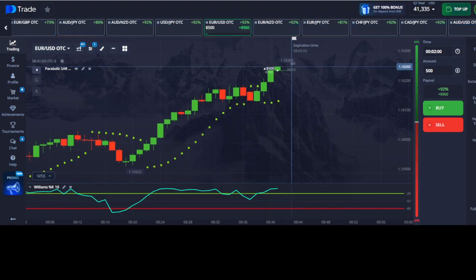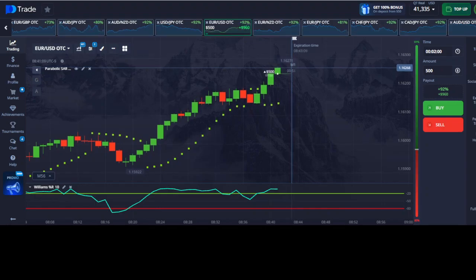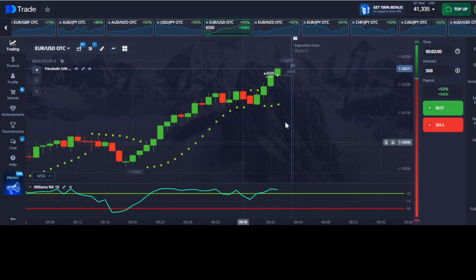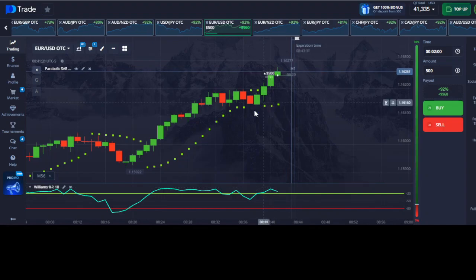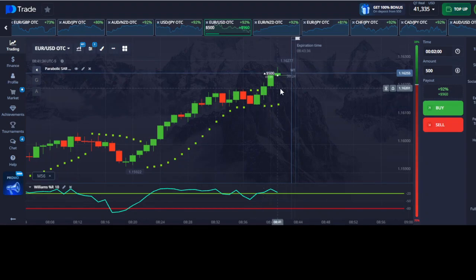Okay, so I just took a buy trade on the Euro USD currency pair here. And the reason why I took the buy trade here is, if you notice, the Williams percent R line has crossed above the 20 line in an upward direction here. In addition to that, the parabolic SAR dots have started to print below the candles here.